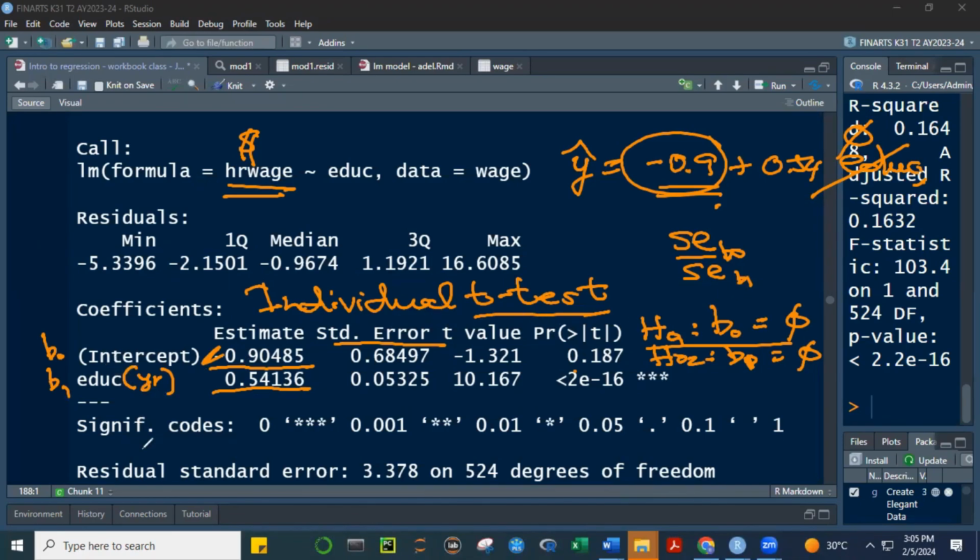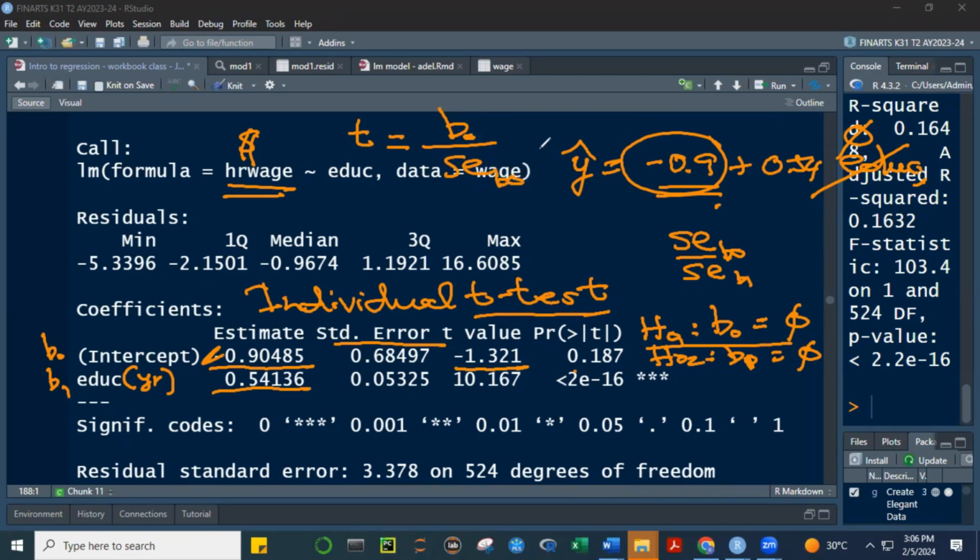So each of your predictors will have their standard errors. And then the t-value. How do you get the t-value? Very easy. The formula for the t-value, the t-stat, is equal to your estimate B divided by the standard error. So if it's the intercept, this is B sub 0 divided by standard error ng B sub 0.